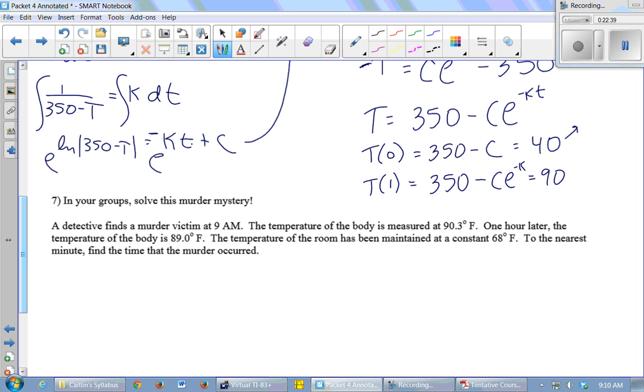So this one I can solve for C, and I get 310. And then I can replace this C with 310 and solve for k.